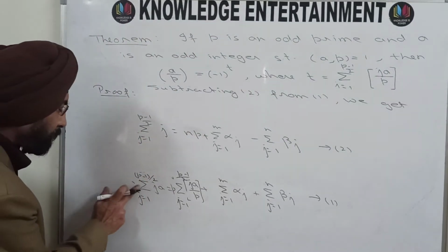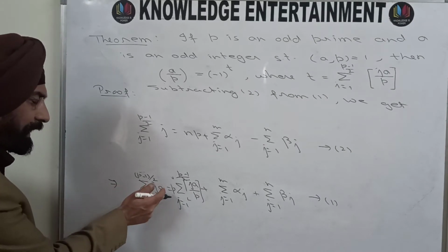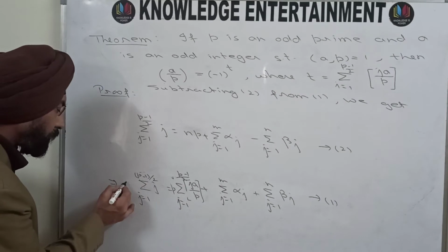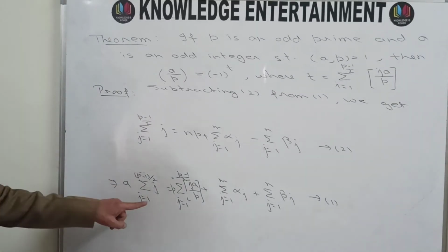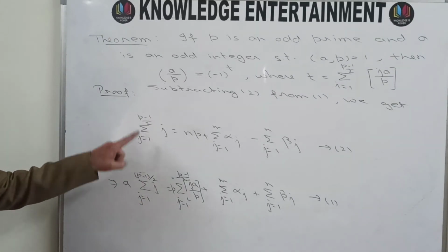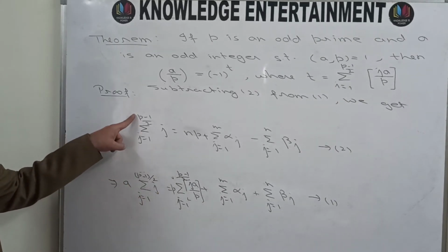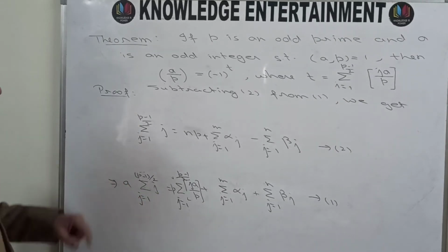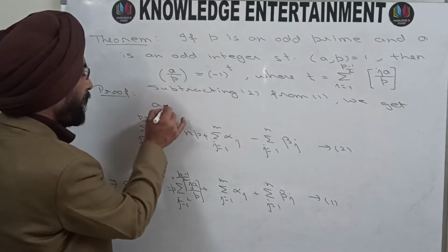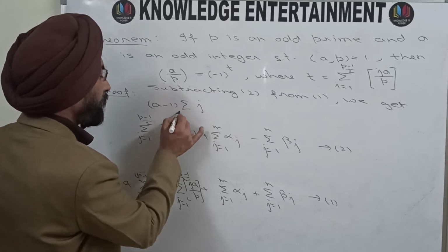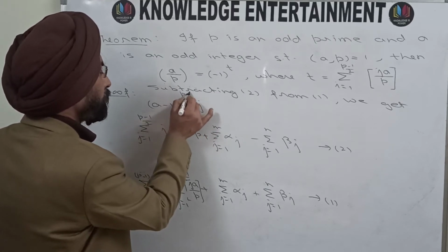Here, note that this a is also a constant because the summation is over j, so this a can be taken out. And now if you subtract this term from this, sigma j, j varying from 1 to (p minus 1) by 2 is here and it is here as well. So you will get a minus 1 times sigma j, j varying from 1 to (p minus 1) by 2.